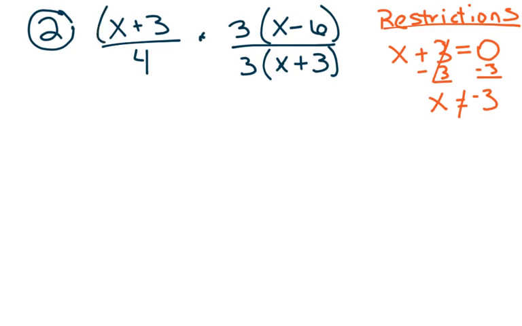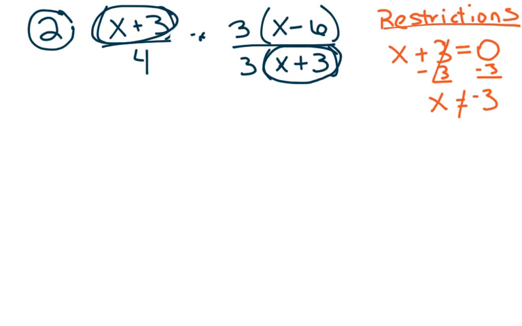Well, I'm going to go ahead and put parentheses around this. Now I notice I have an x plus 3 on top, and I have an x plus 3 on bottom. Now notice I'm treating that as a single term. I can't just cancel these two 3's because this 3 has a plus in front of it, and we've talked a little bit about that.